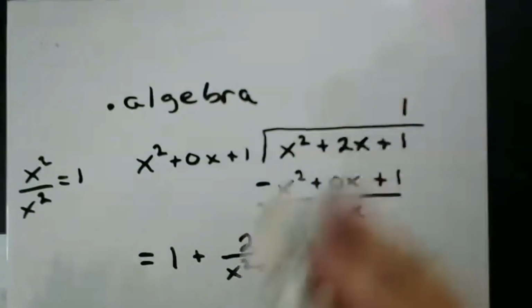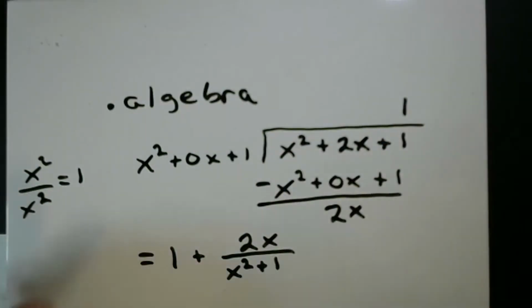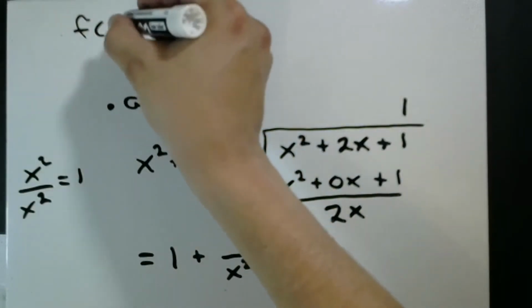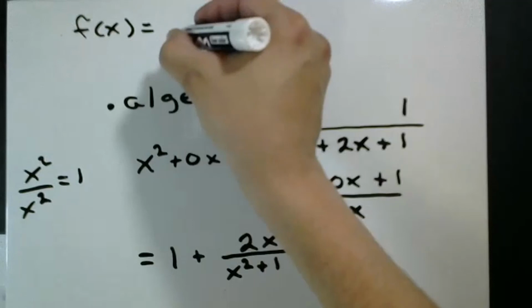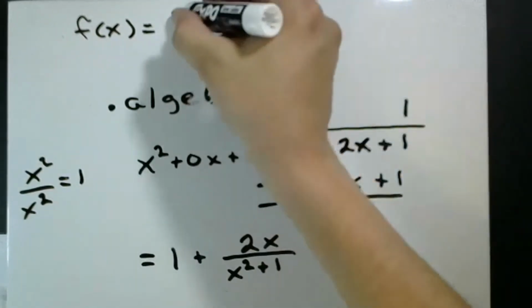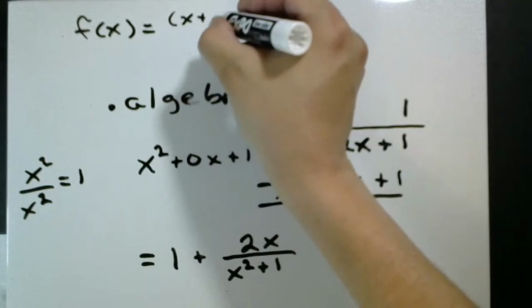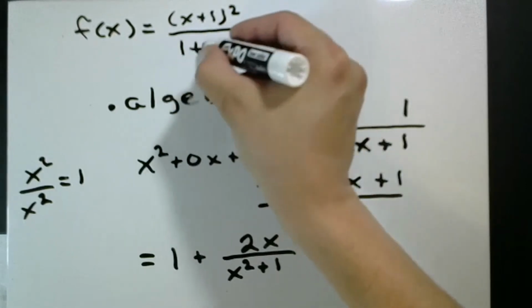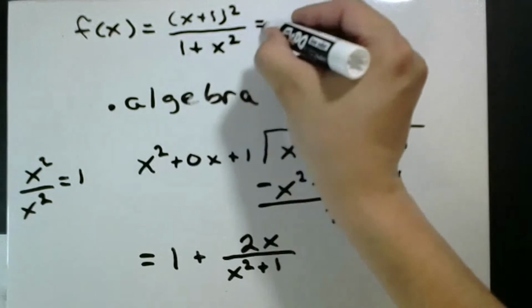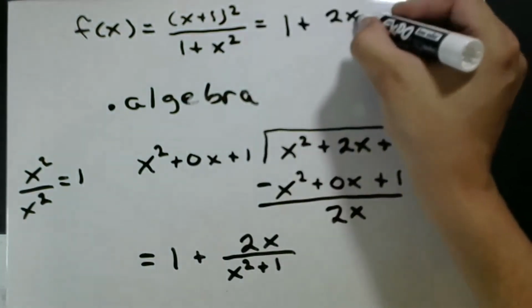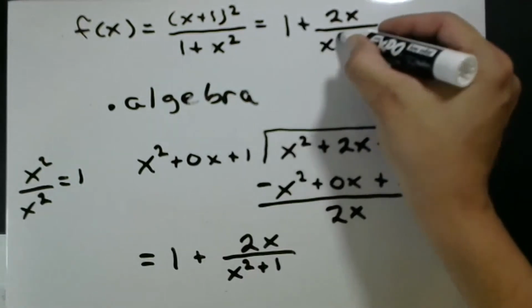And so that's what we end up getting. So what we did in algebra, interestingly enough, was basically take a limit. So our f of x, we can rewrite it like this. That's all that this does.